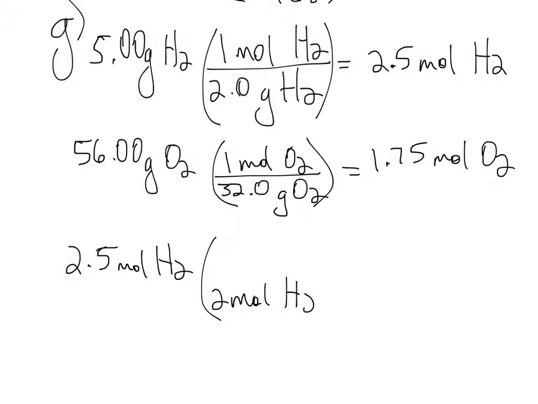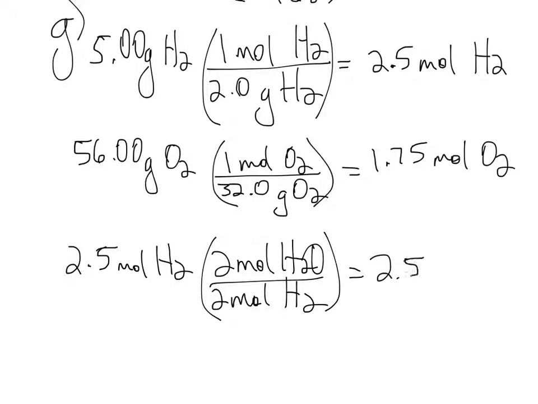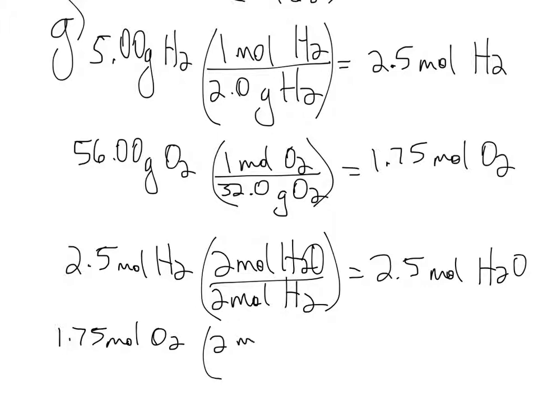Using mole ratio, it's 2 moles of hydrogen for every 2 moles of water. So if you started with 2.5 moles of hydrogen, you'll end up with 2.5 moles of water. For the oxygen, it's 1.75, and it's a 2-to-1 ratio. 2 moles of water for every 1 mole of oxygen.